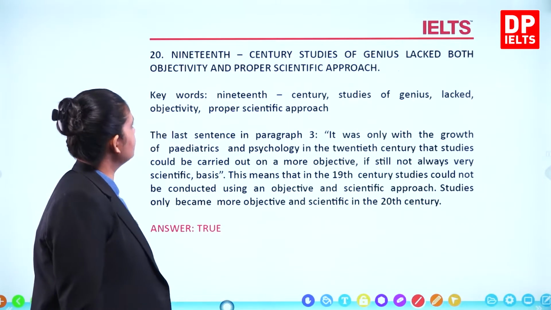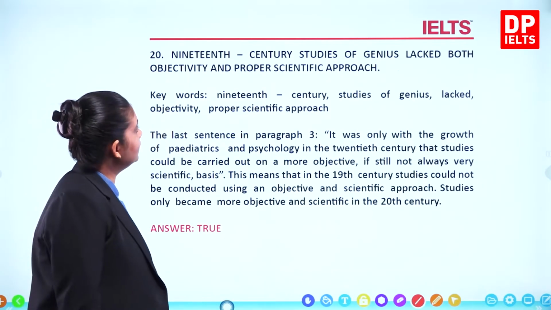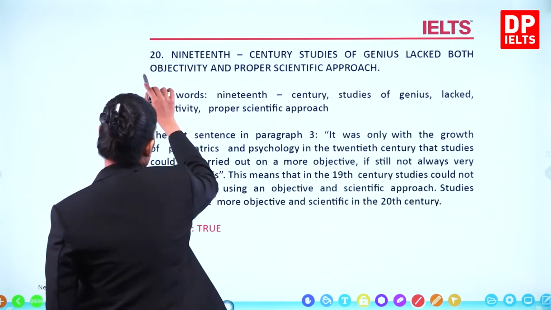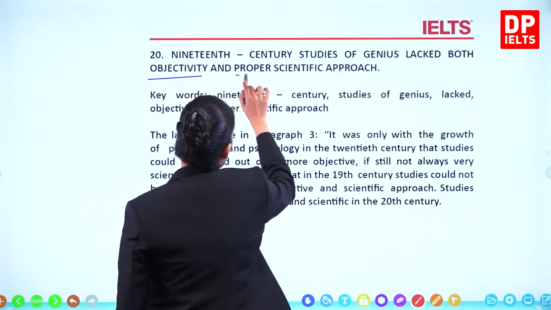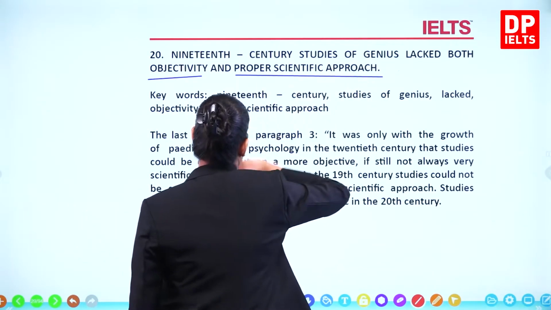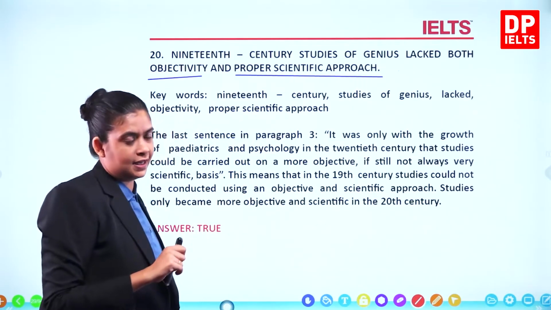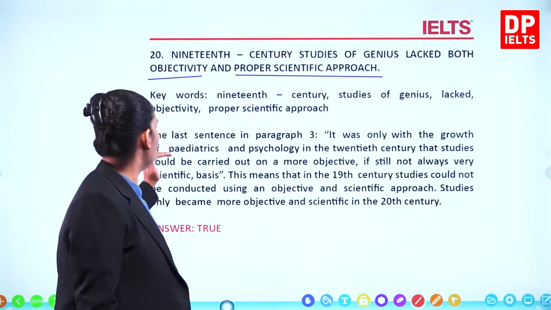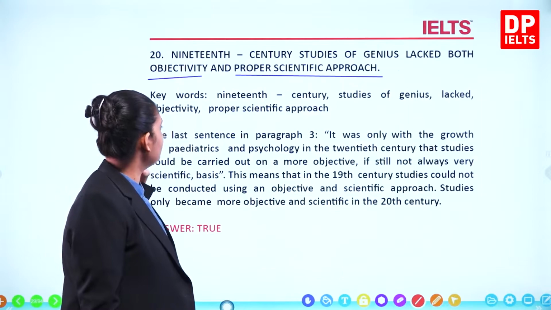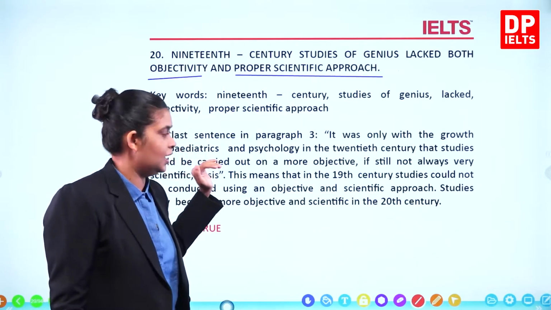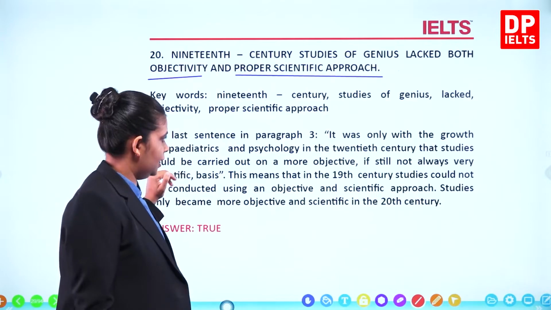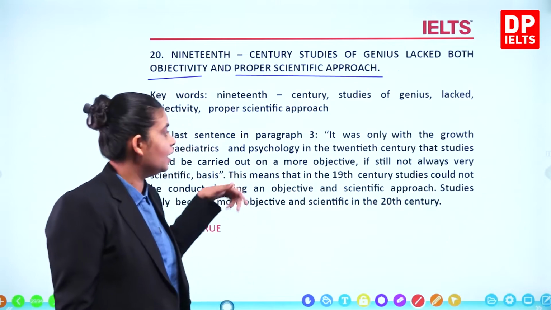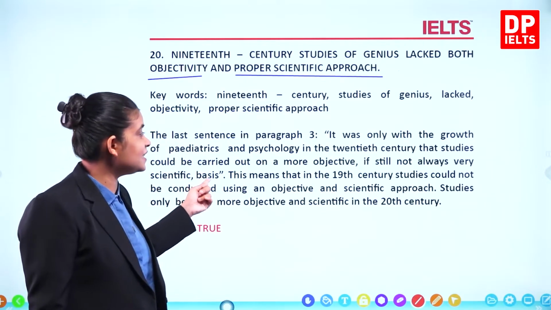Right, moving on into the 20th question. 19th century studies of genius lacked both objectivity and proper scientific approach. If you go to the last sentence in para 3, it tells you, it was only with the growth of pediatrics and psychology in the 20th century that studies could be carried out on a more objective, if not always very scientific basis.